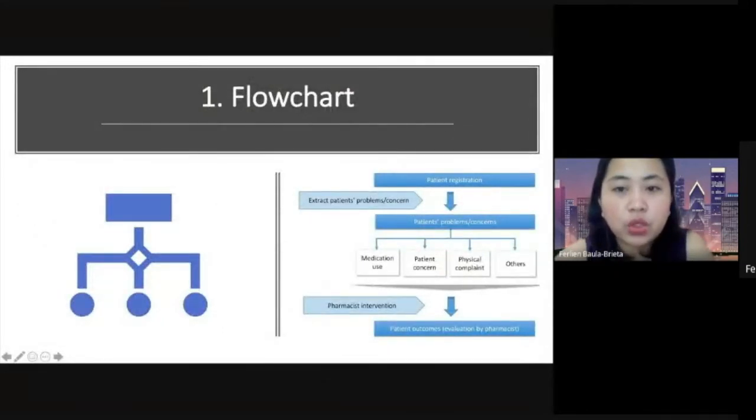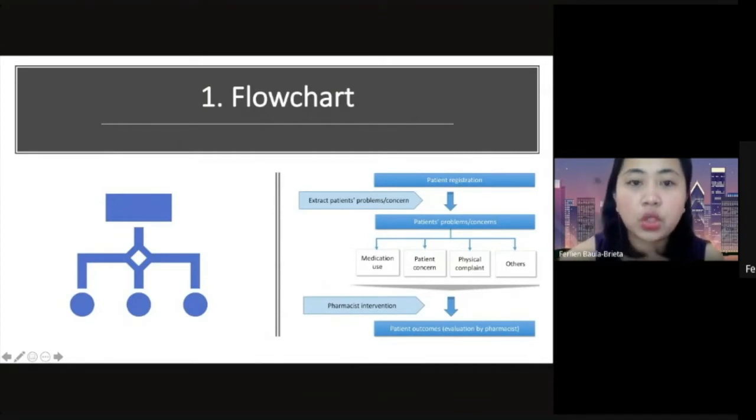A flow chart is simply a graphical representation of steps. As you can see, there is a line. It shows steps in sequential order and is widely used in presenting the flow of algorithms, processes, or workflow in different companies or in an organization.